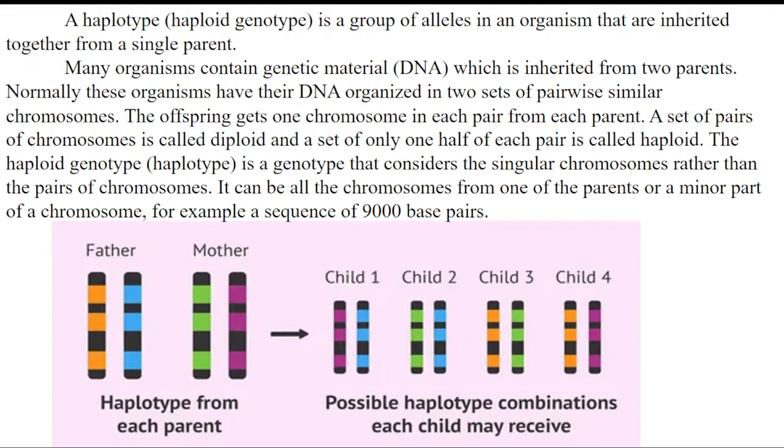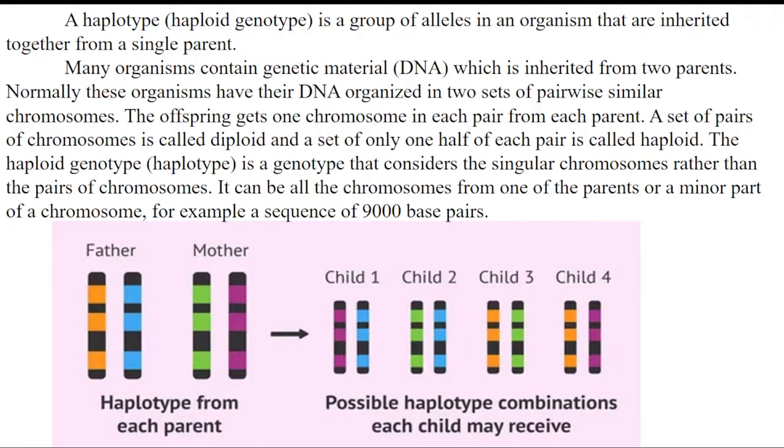A haplotype, haploid genotype, is a group of alleles in an organism which are inherited together from a single parent. Many organisms contain genetic material which is inherited from two parents. Normally, these organisms have their DNA organized in two sets of pairwise similar chromosomes.